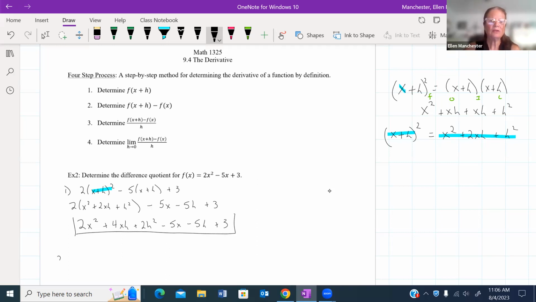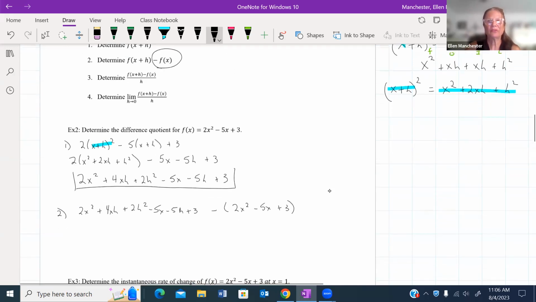Okay, now I'm going to take this same exact answer. I'm just going to rewrite it, and I'm going to subtract off the original function. Notice I put it in parentheses, super important.